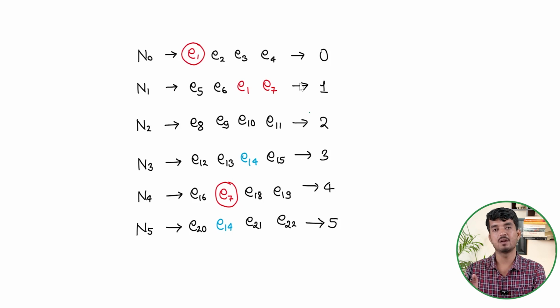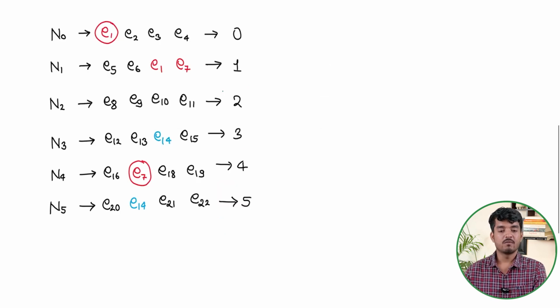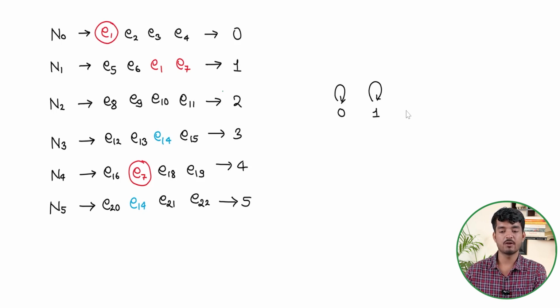These indices are nothing but the nodes of a disjoint set. In a disjoint set union, initially the parent of a node is the node itself: the parent of 0 is 0, the parent of 1 is 1, the parent of 2 is 2, the parent of 3 is 3, and likewise for 4 and 5.